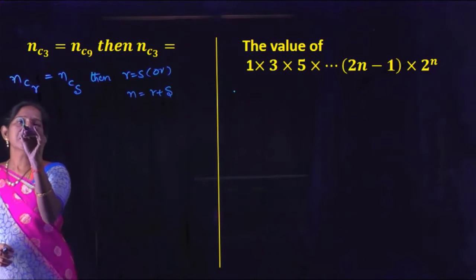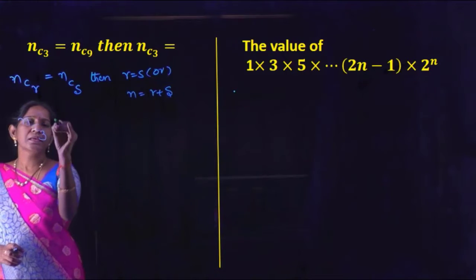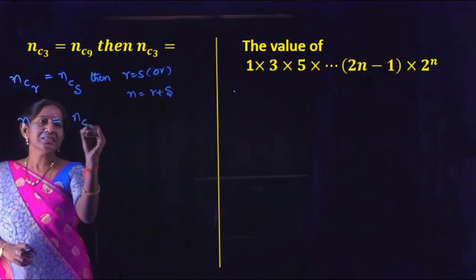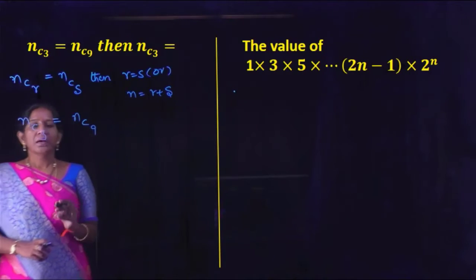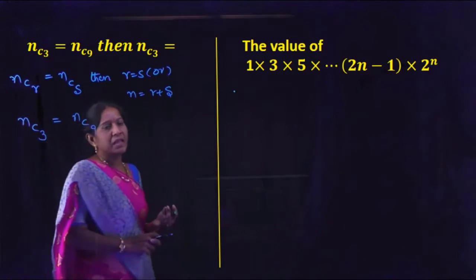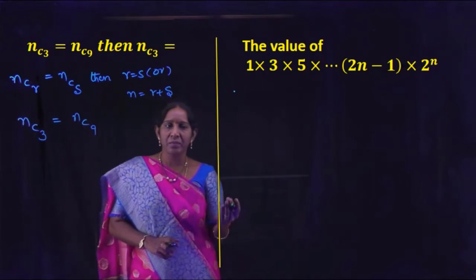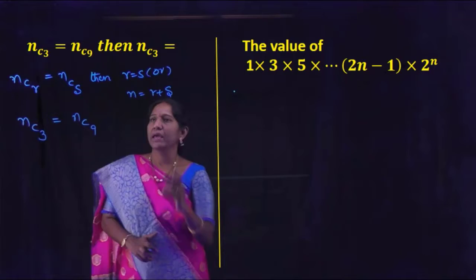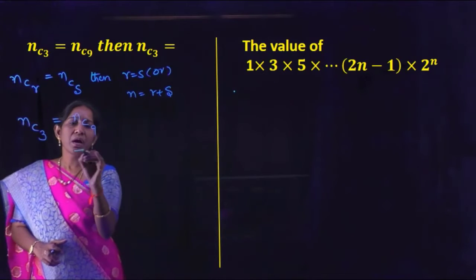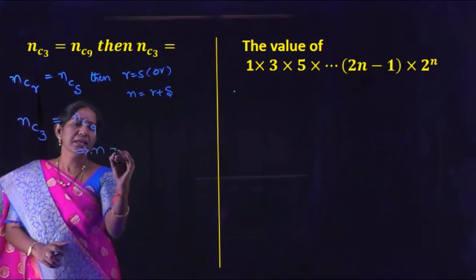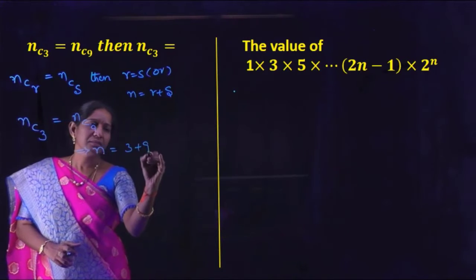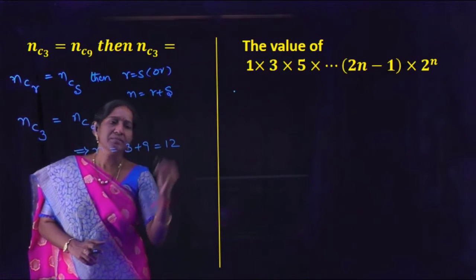Given nC3 equals nC9, then r equals s means 3 equals 9, which is not possible. Then n equals r plus s, that is 3 plus 9. So the n value becomes 12.